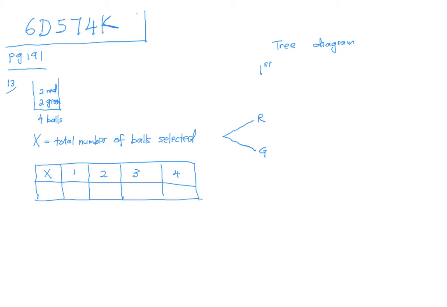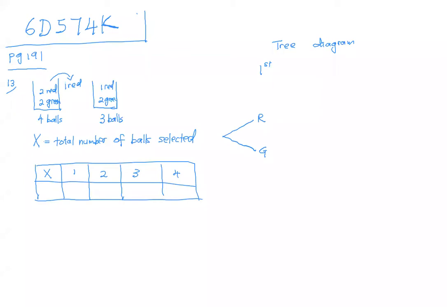Let's have a look at it now, without replacement. That means if the first one I select is red, then I will be left with 1 red and 2 green. Am I right? So I will have 3 balls here. They say balls are randomly selected without replacement until a green ball is selected.